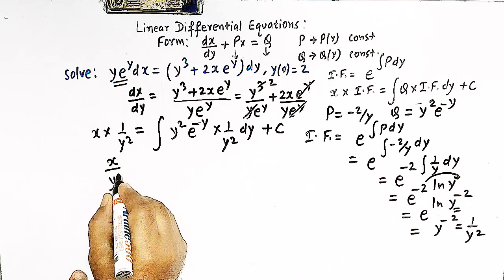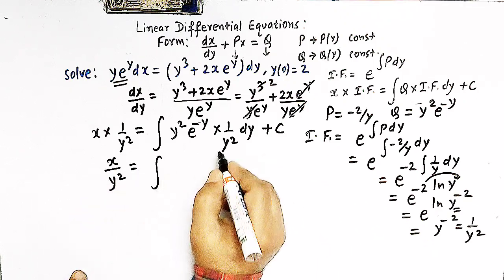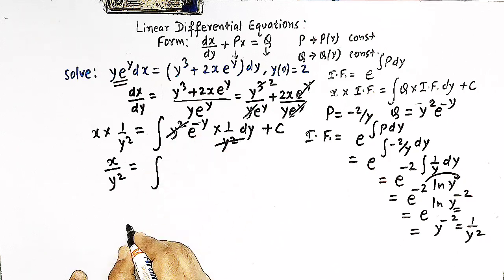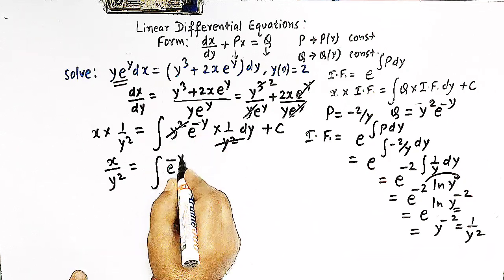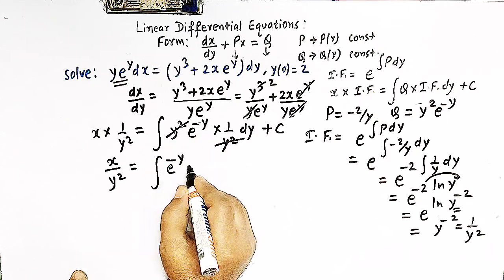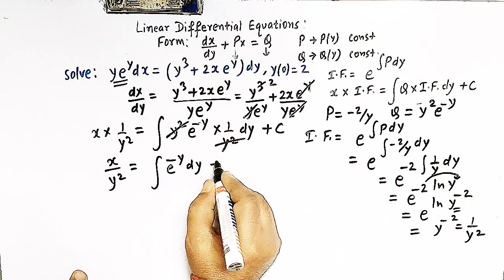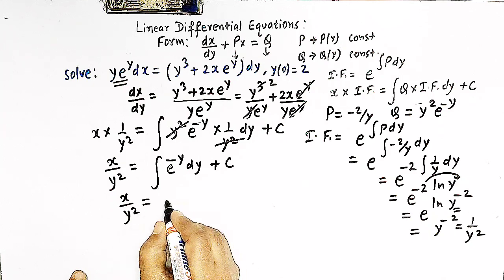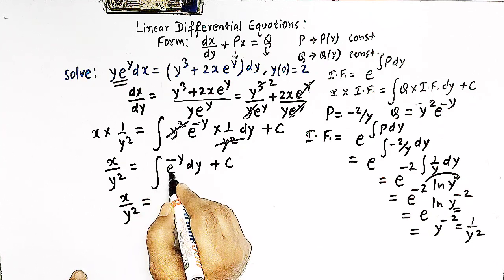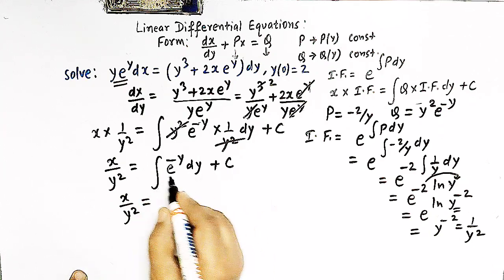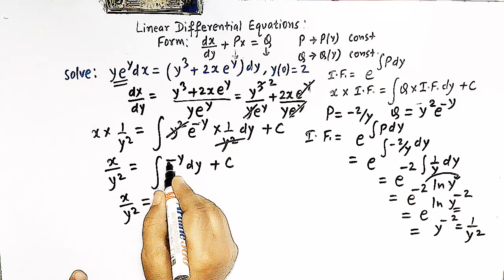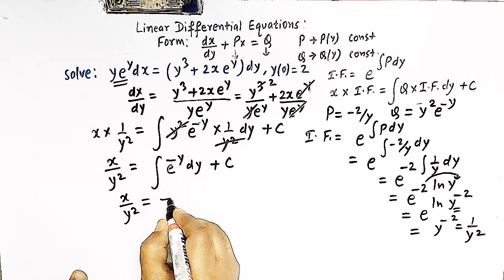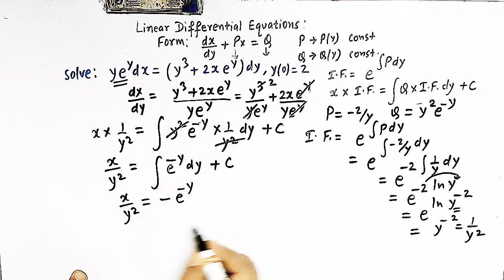So we have x over y square, and here this y square and this y square get cancelled, and we have e raised to minus y dy and c, right? And we can now write x over y square is equal to the integral e raised to minus y dy plus c. So the integral e raised to minus y dy is minus e raised to minus y, and here we have c.